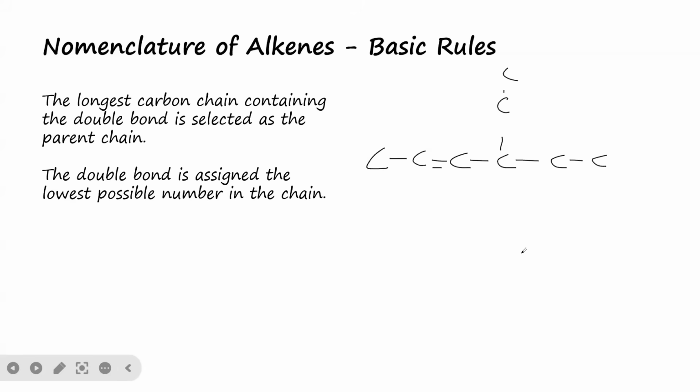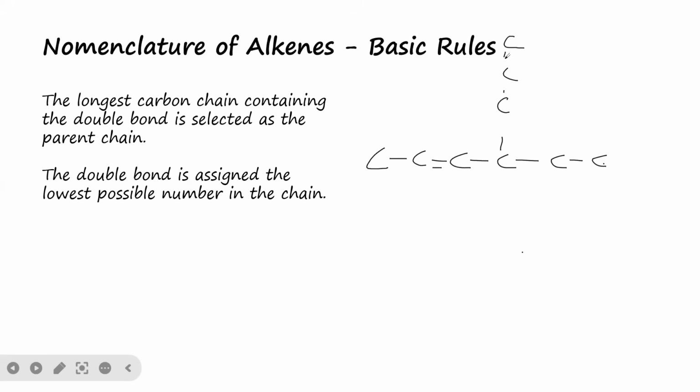You cannot take this from here going 1 2 3 4 5, or 1 2 3 4 5 6. So already here is 6. You take the longest carbon chain that contains the double bond. Let's say here is another one, it's 6: 1 2 3 4 5 6. You are not taking this because we are not considering the double bond. So you have to take the one that contains the double bond, even if this one is 5.